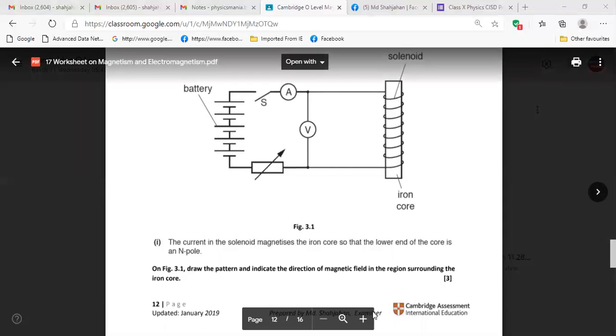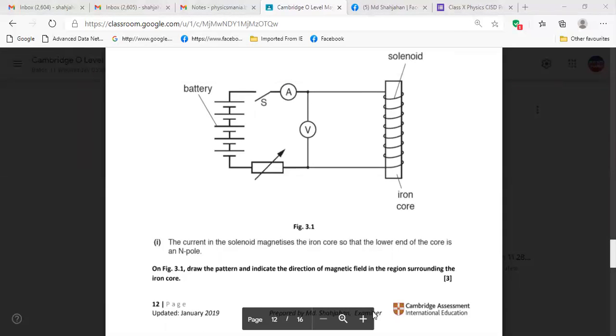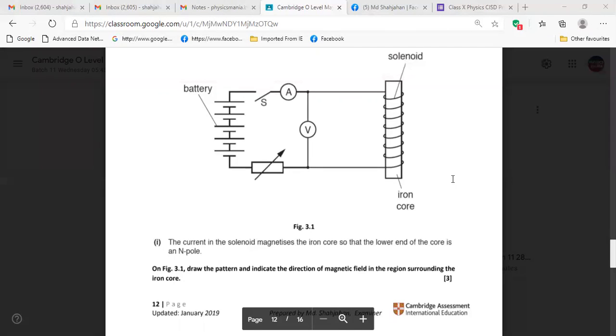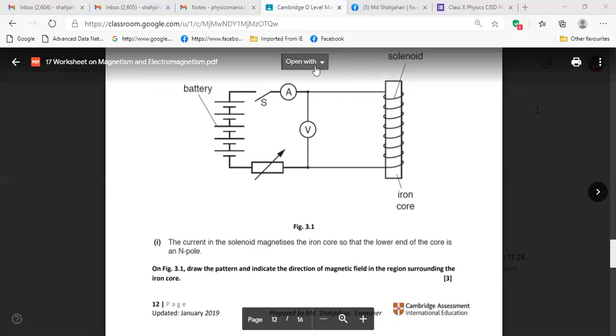You will know it if you know the current direction in the wires, because your other fingers are showing you the current direction, right? Yes. So you fix it there first. Your current is going from positive to negative this way, from here to here.